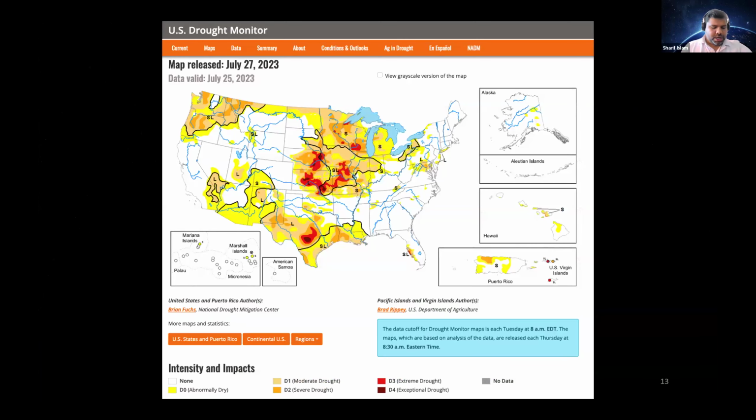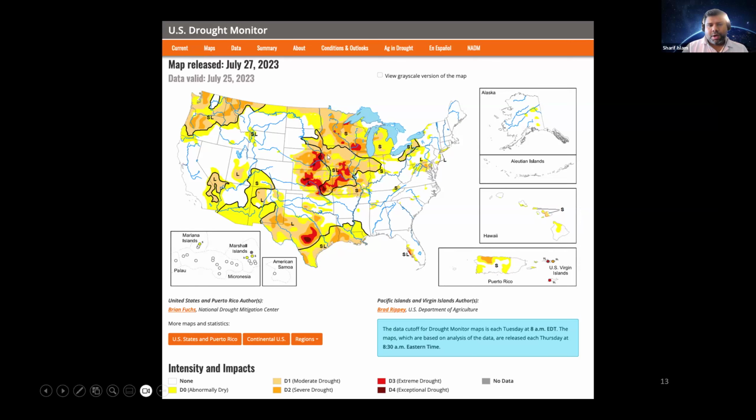We are using similar categories. If you are familiar with the US Drought Monitor, maybe not, but the US Drought Monitor uses SMAP data to look at soil moisture content, and they developed 5 different categories of drought, called D0 to D4.